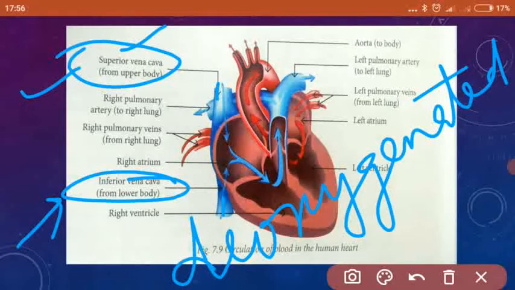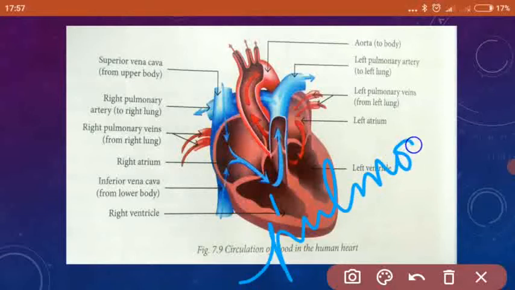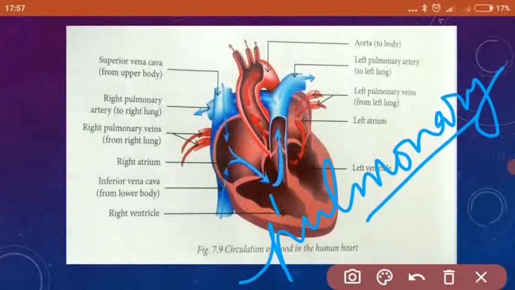From these veins, it will enter into the right atrium. Now the right atrium will contract and push the blood into the right ventricle. Now the right ventricle will contract and push the blood into the pulmonary artery. I have already told you that the word pulmonary relates to the lungs.